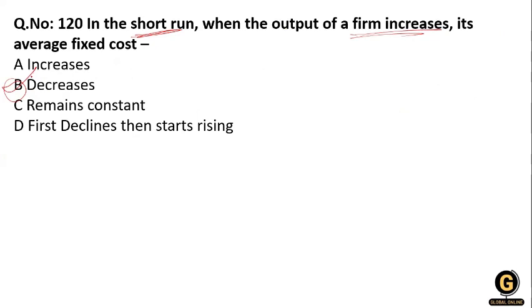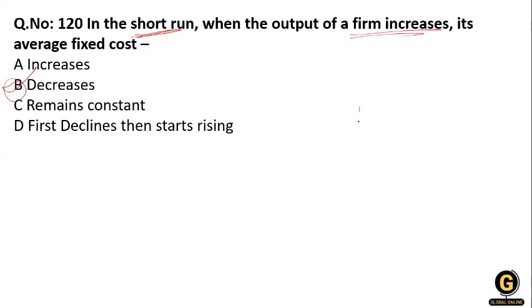In the short run, when the output of the firm increases, its average fixed cost is decreasing. So option B is right, because fixed costs remain constant irrespective of the number of units produced. So as output increases, the fixed cost contribution decreases per unit.